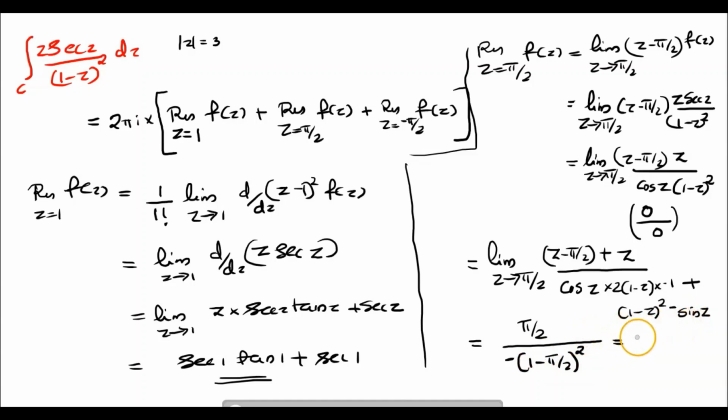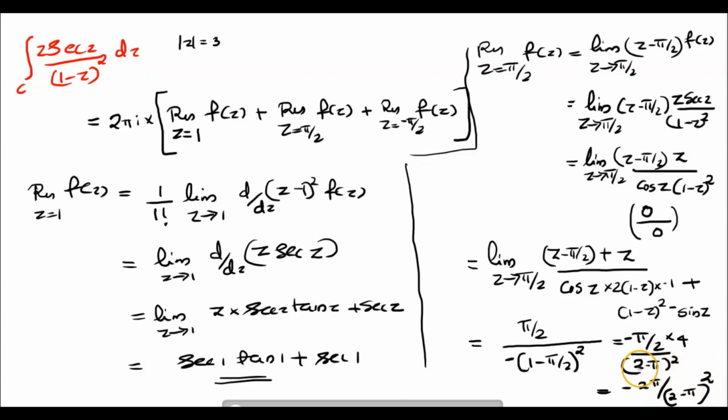And this is equal to pi by 2 divided by (1 minus pi by 2) all square, which is (2 minus pi) all square divided by 4. That will go to the numerator, and this is minus 2 pi divided by (2 minus pi) all square.